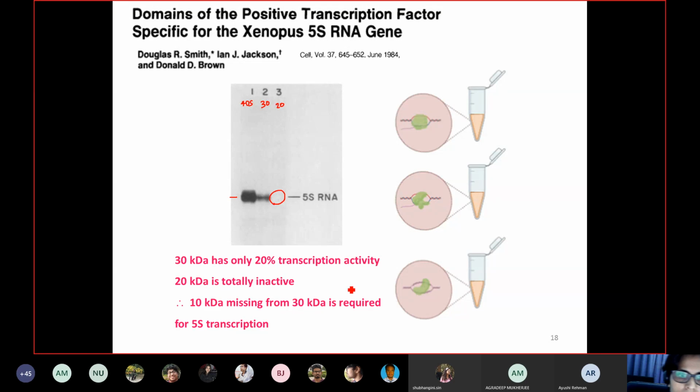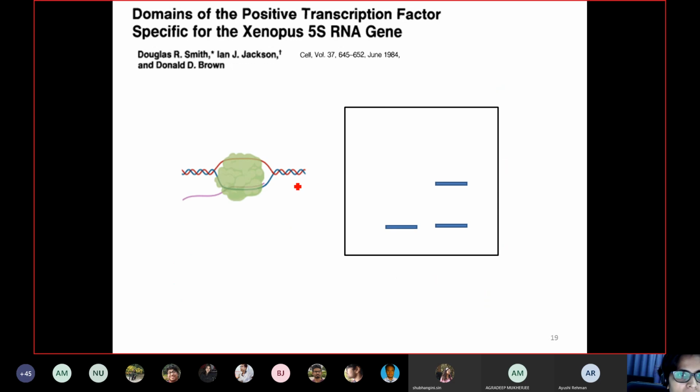these kinds of details. Now they wanted to check whether they are binding to the DNA singly, or they are mixing. So in this assay, for example, they have DNA and then they mixed it with the 40 kilodalton fragment, then again they have DNA and they incubate it with the 30 kilodalton, and then again you have DNA and you mix with the 20 kilodalton fragment.